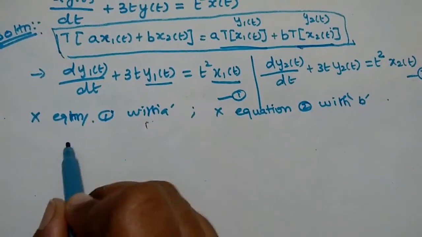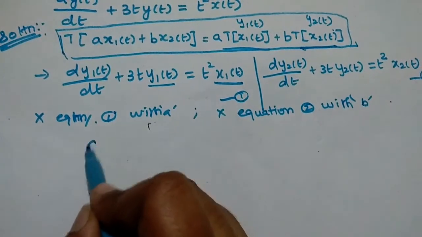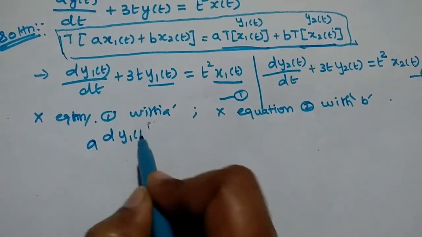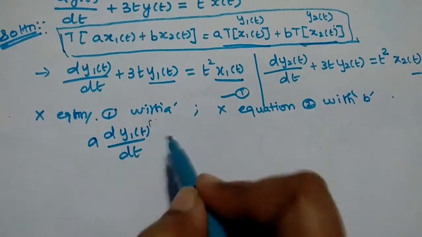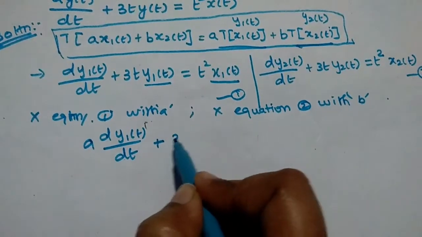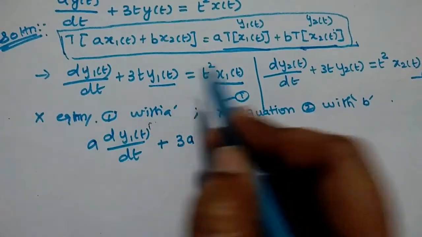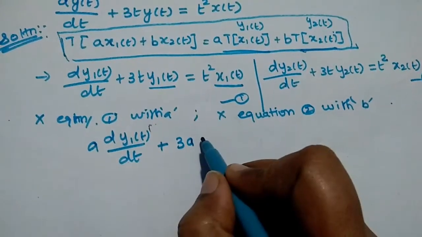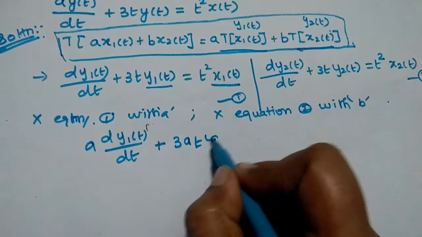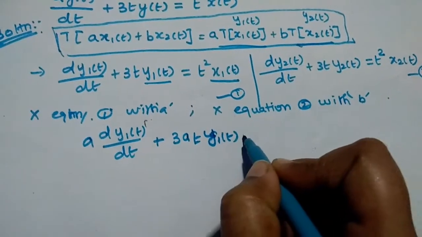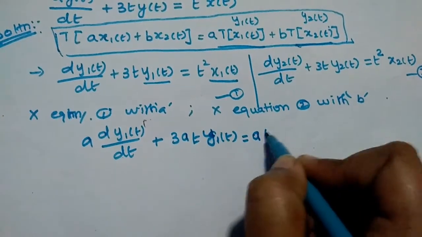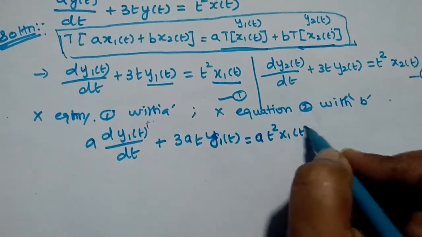At that time, equation 1 becomes a dy1 of t by dt plus 3a, so a has to be multiplied everywhere: 3at y1 of t equal to a into t squared x1 of t.